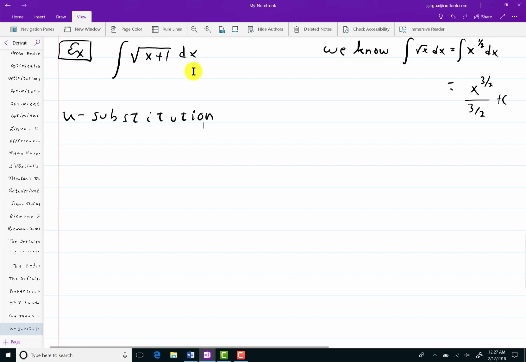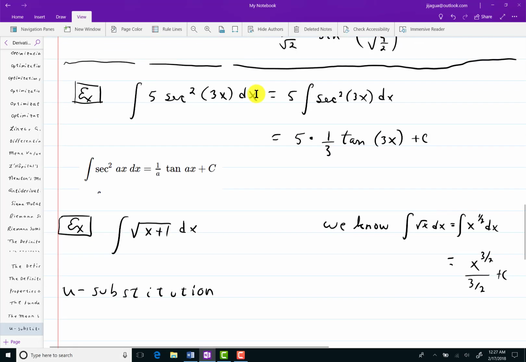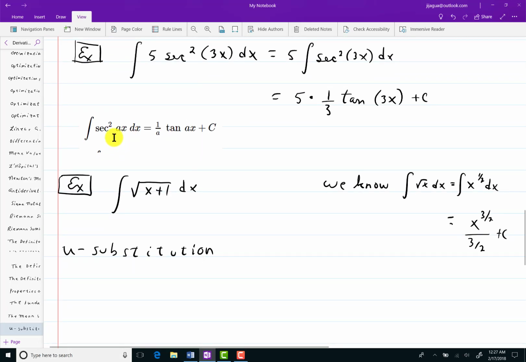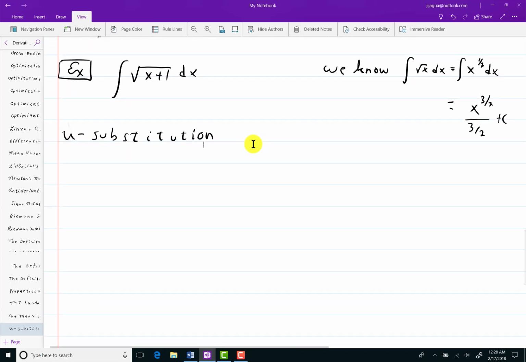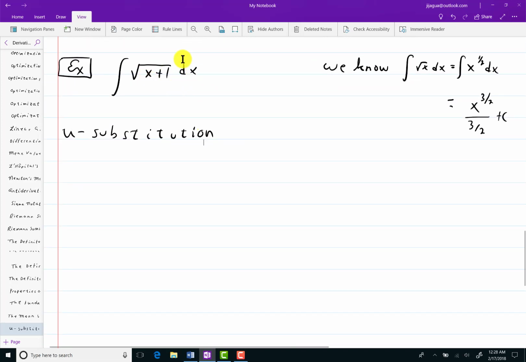Sometimes you would have, like this a in here, you know that a had nothing to do with the variable, so it's just a number that was attached to x, and you understood that that was not what was being involved in the integration so much as secant squared going backward to a tangent. So the same thing goes here. If I had an ax, then this problem wouldn't be much different, to be honest.